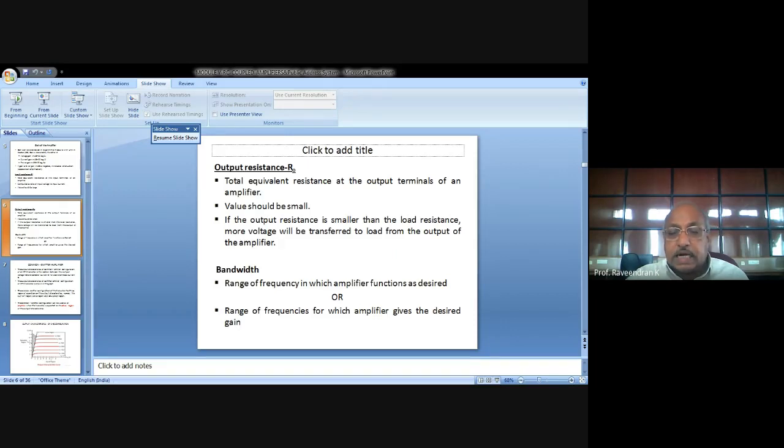The positive half cycle of the signal passes through, because the signal is an alternating signal having a certain frequency, usually a high frequency, radio frequency signal. That signal will be allowed to pass through this coupling capacitor, but it will not allow the DC voltages connected here from the previous stages.